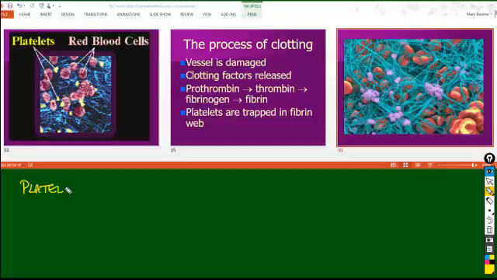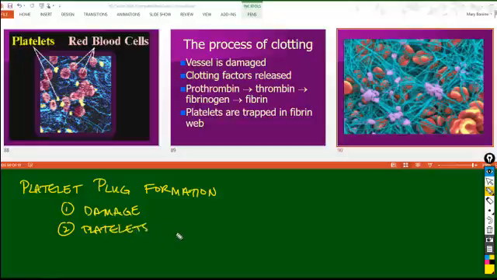And if you have a very small bit of damage to a vessel, then your body will just do this, where there's a little bit of damage, okay, no terribly big deal. The platelets stick to exposed bits of collagen and they plug up the hole. If it's a small hole, that's not a big deal, no problem.